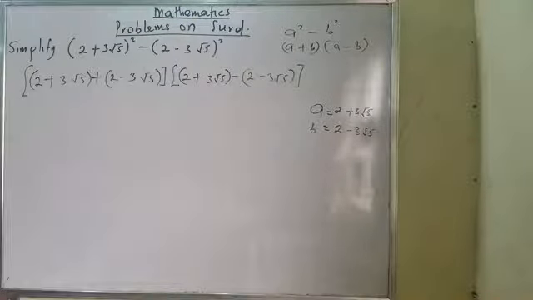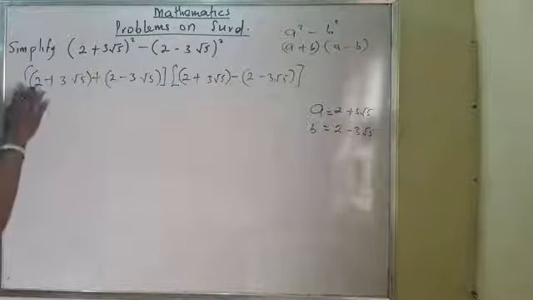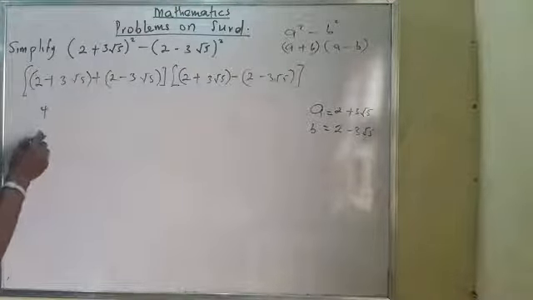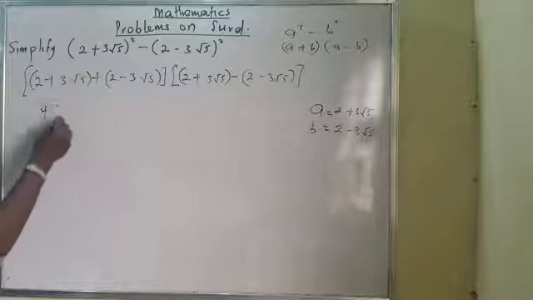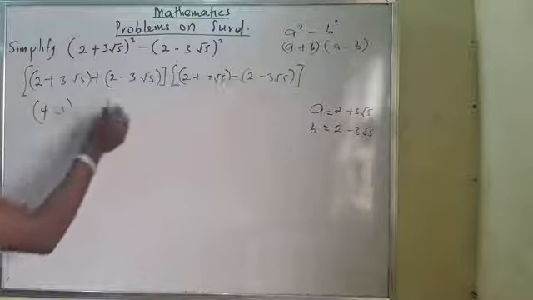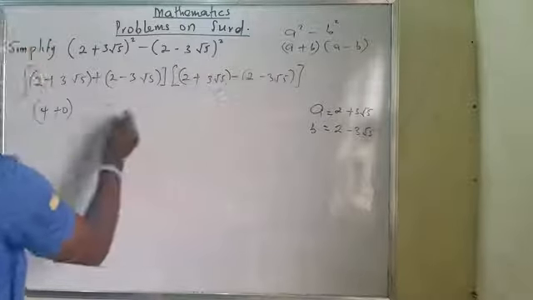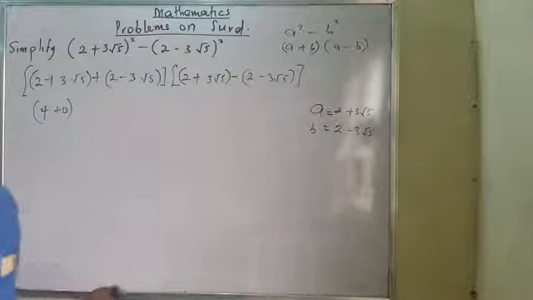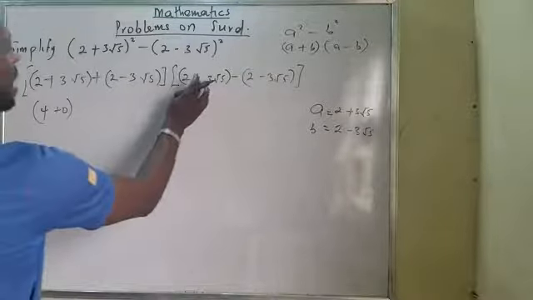Now, since I have this, I will say this plus this will be 4. This and this will be 0. This minus will be 0, and this and this will be 0.